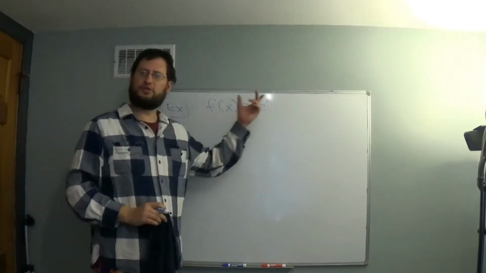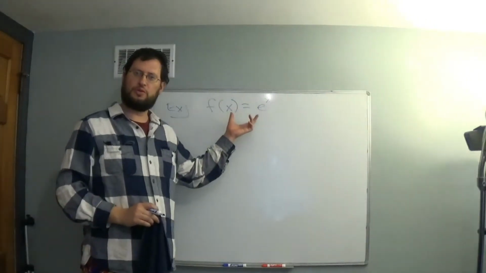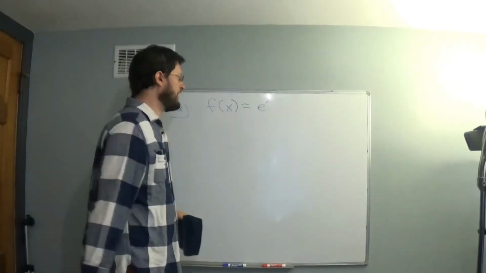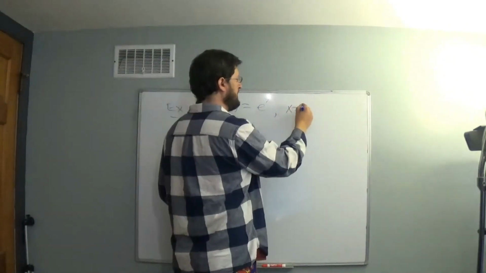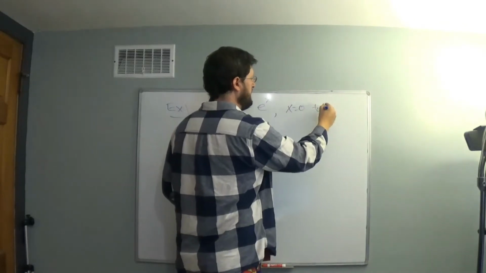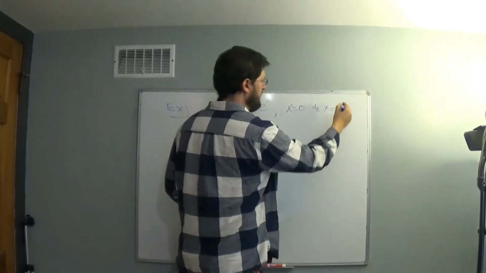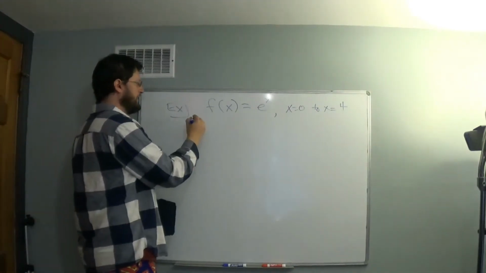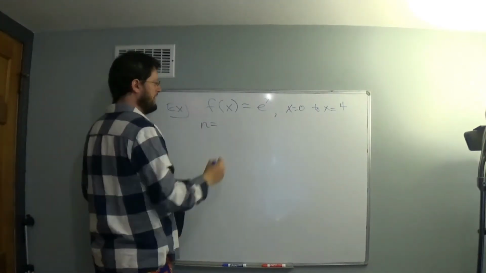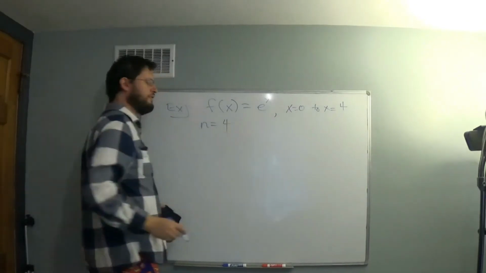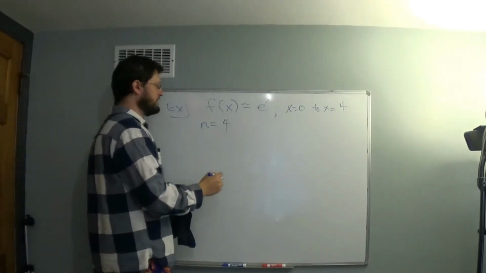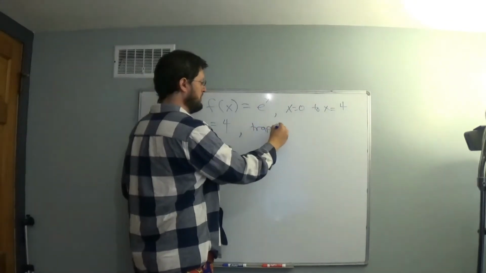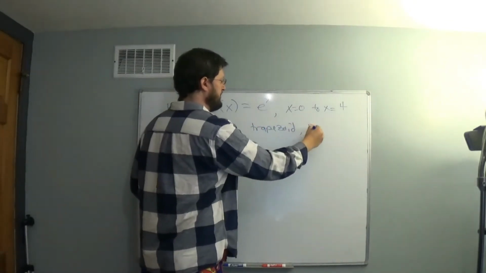Let's use the trapezoid rule and let's use Simpson's rule, and compare them both to the actual area under the curve. Let's go from x equals 0 to x equals 4, and let's say that n is equal to 4, so 4 subdivisions.